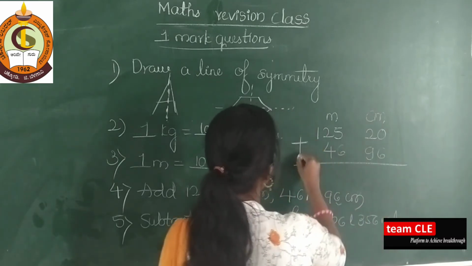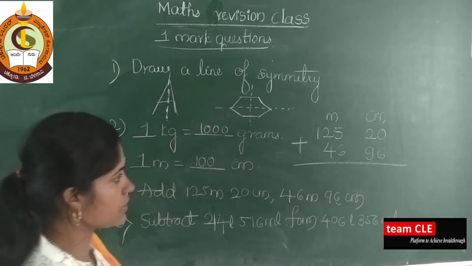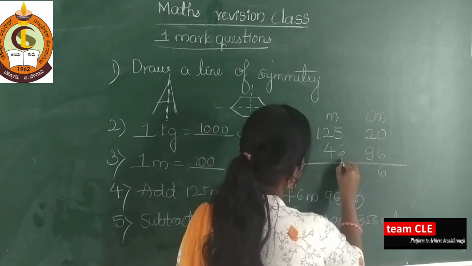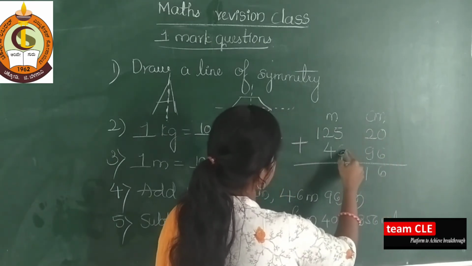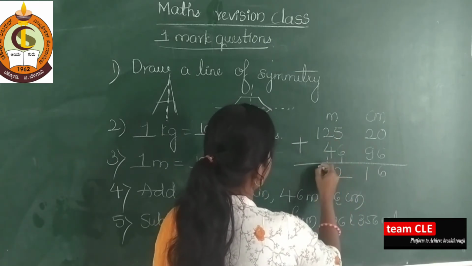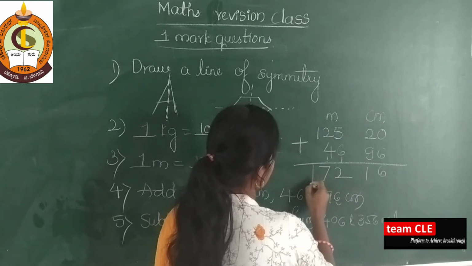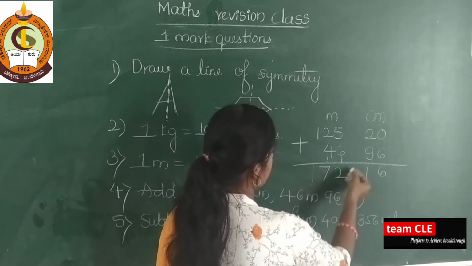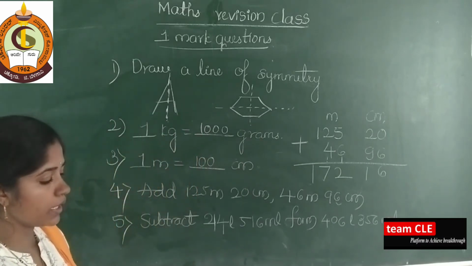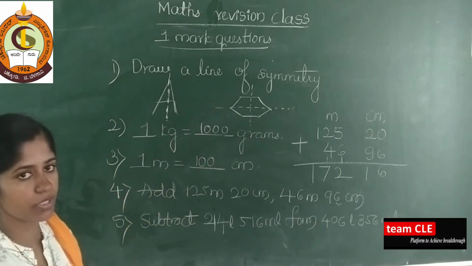Add means you have to put here the addition sign and add. 0 plus 6 is 6, 2 plus 9 is 11, write 1 and carry 1. 5 plus 6 is 11, 11 plus 1 is 12, write 2 and carry 1. 4, 5, 6, 7, and here you write 1. So the answer is 172 meter 16 centimeter. So this kind of 1 mark questions you will get.